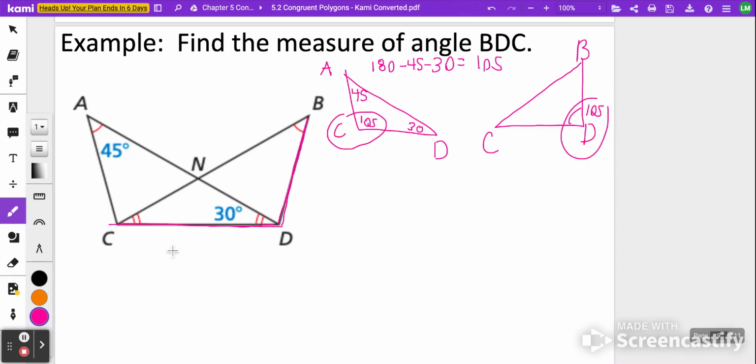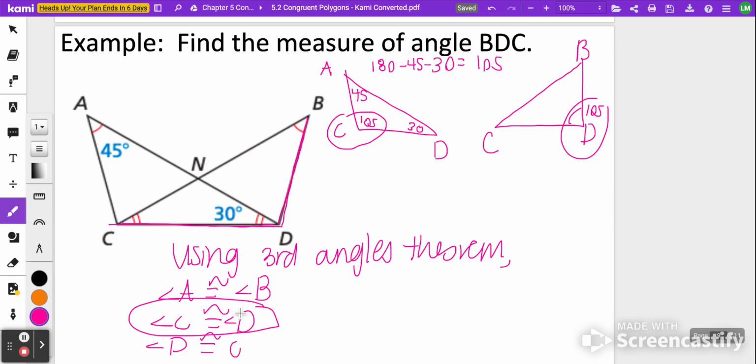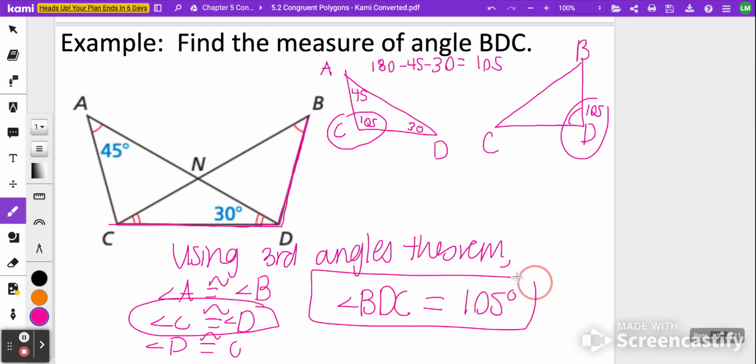Okay, so using the third angles theorem, angle A corresponds to angle B, angle C corresponds to angle D, and angle D on the first one corresponds to angle C. Here's my matching one. Okay, so angle BDC is equal to 105.